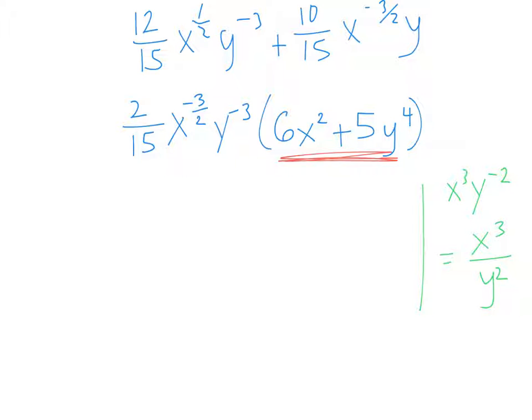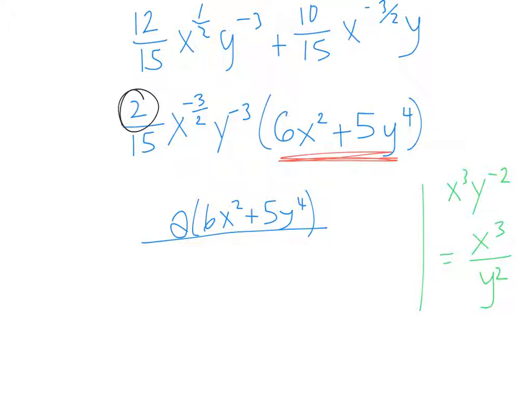So these are equivalent. So here, where you have something like this, if I wanted to write this in a nicer way, which I would a lot of the time, I can turn it into a fraction. I can put the positive stuff on top. So I can leave the 6x squared and 5y to the 4 up here. The 2 is on the top because it's up top there.